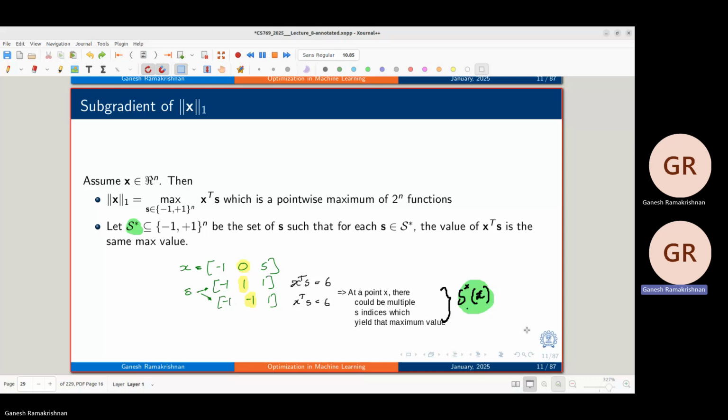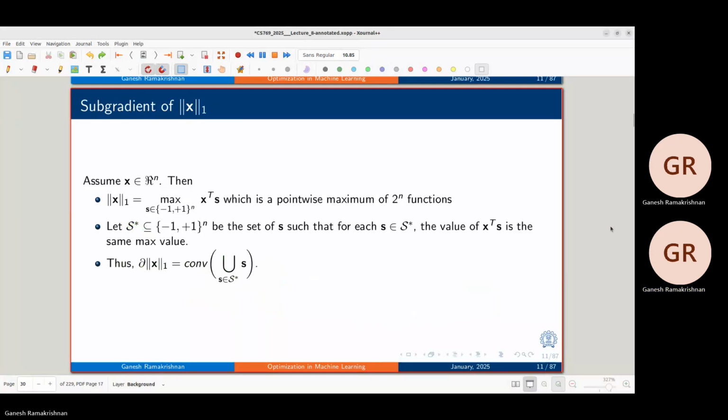Yeah. S star X. That's okay. So actually, I should put an S in S star X of all such S star X. Right? So I have got some more ammunition to move forward.